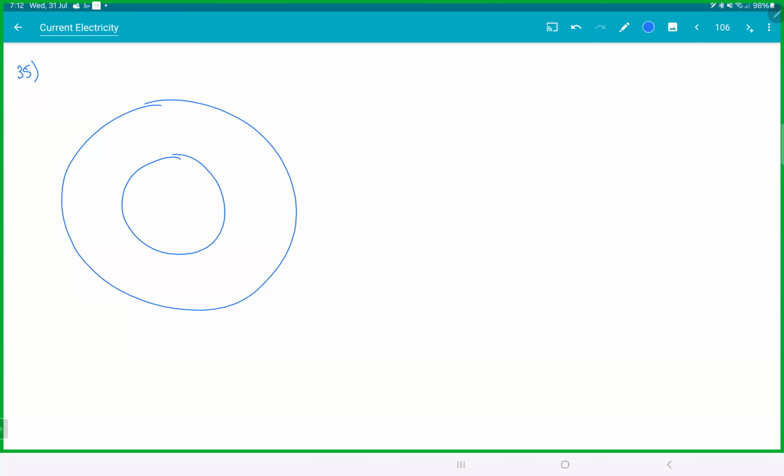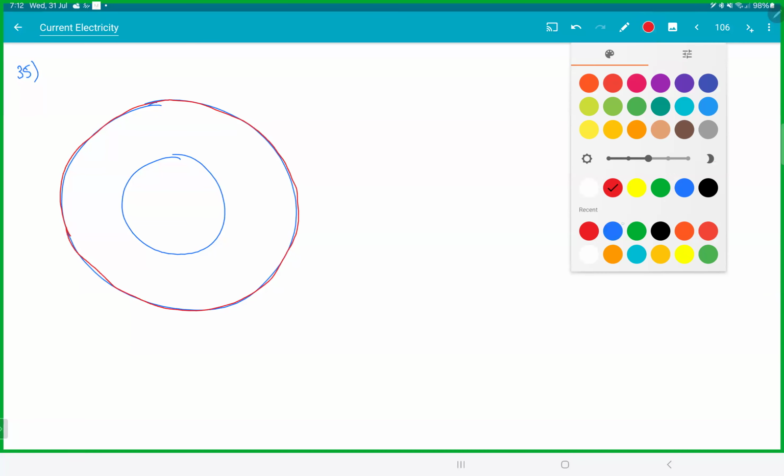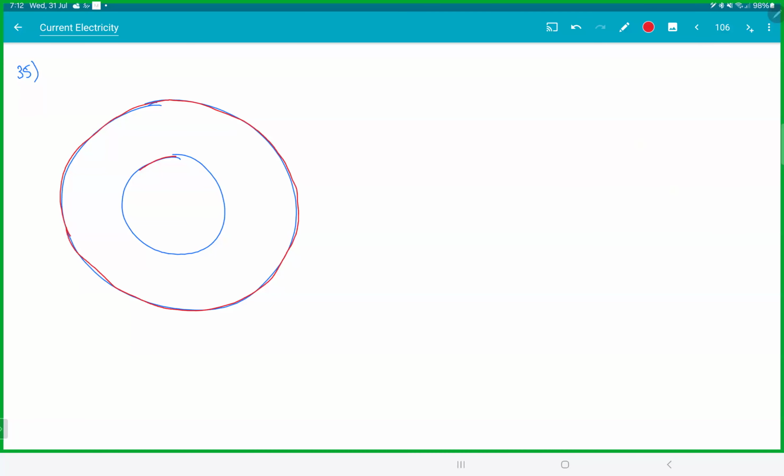So we have two conducting plates. In the middle, it is filled with a medium. So you are connecting a battery like this, V. This is grounded, and the outside is also grounded. So current is flowing from inside to outside. This entire region is filled with a medium.